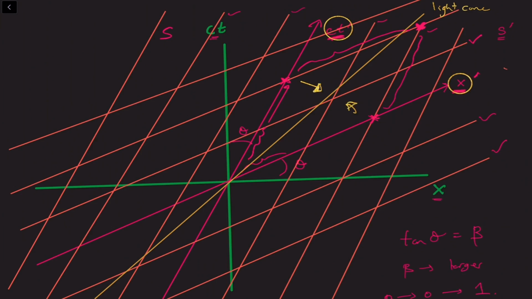As they get squeezed, these grid lines, which are parallel to the x prime and t prime axes, would also get squeezed and stretched. So you can imagine the shape of this grid as the speed of S prime gets closer and closer to the speed of light. The grid gets squeezed and stretched as the x prime and t prime axes get pulled closer and closer to the light cone.